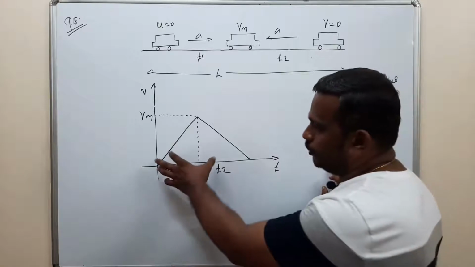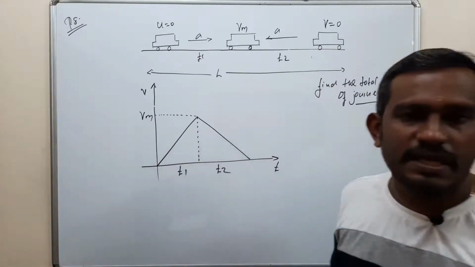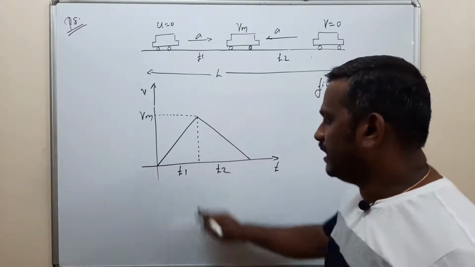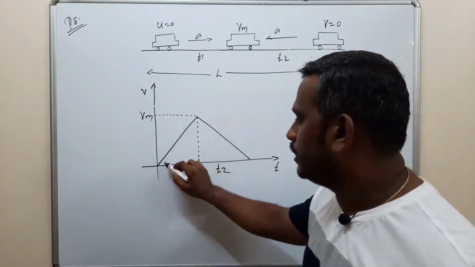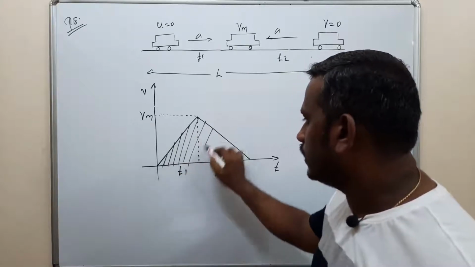We know that the area under the velocity time graph gives the displacement. So the area under this velocity time graph is nothing but the area of this triangle.